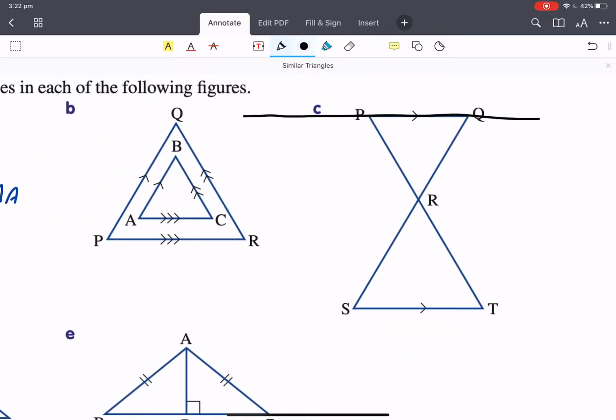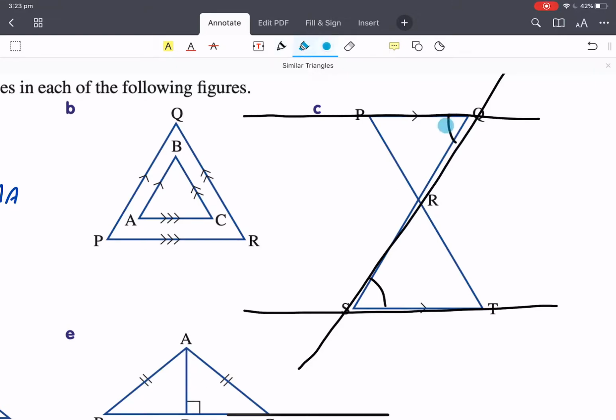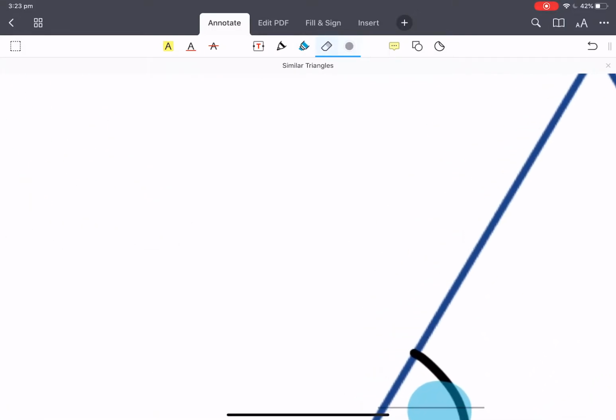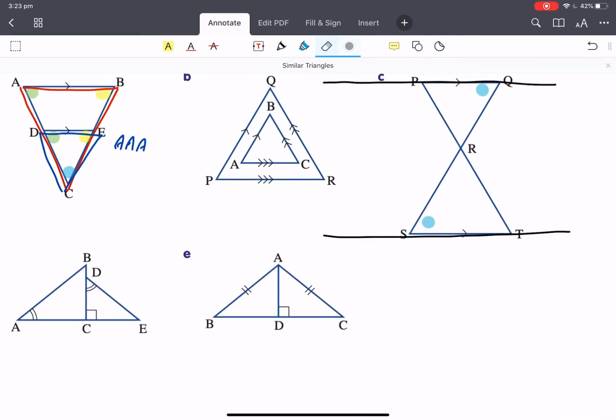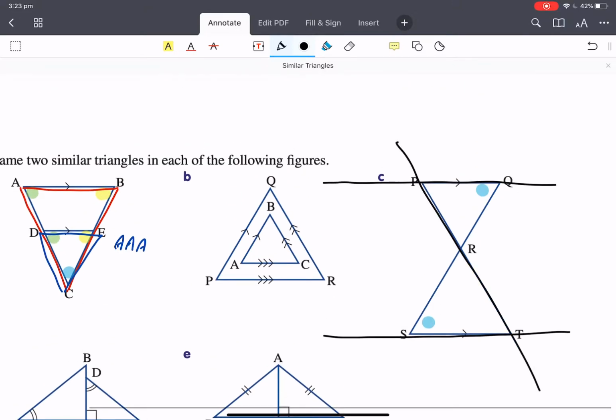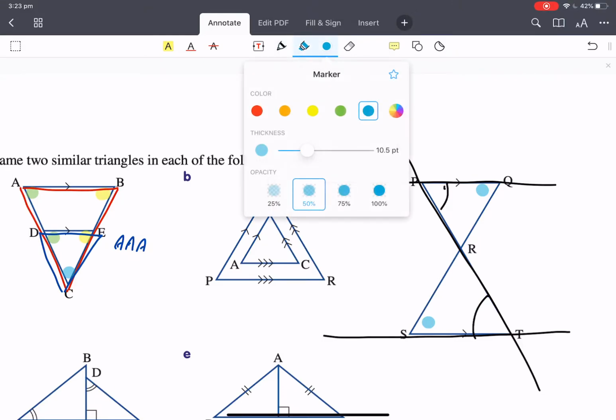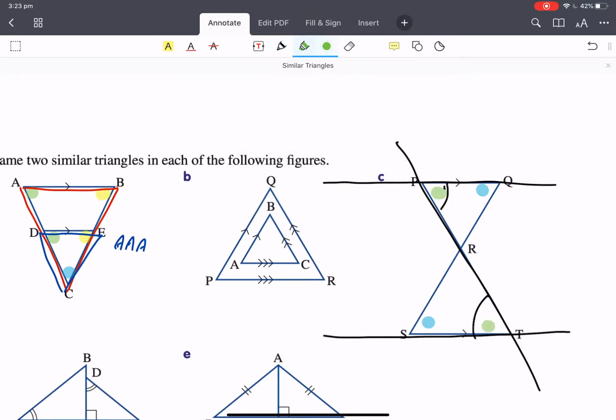I've got 2 parallel lines and 1 crossing, so that angle and that angle are the same. I've got 2 parallel sides and 1 crossing, so that angle and that angle are the same.